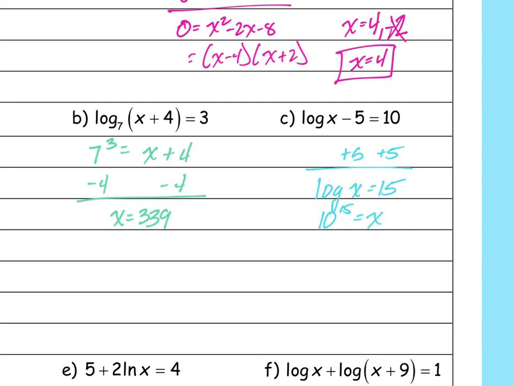And no matter what calculator you put 10 to the 15th in, it's just going to give you a scientific notation form of the answer. So I'm just going to leave it as 10 to the 15th instead of writing, I guess you could write this, 1 times 10 to the 15th, that's what it would be in scientific notation in this particular case.